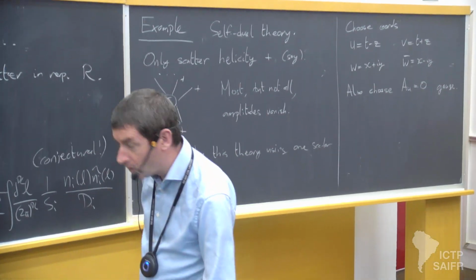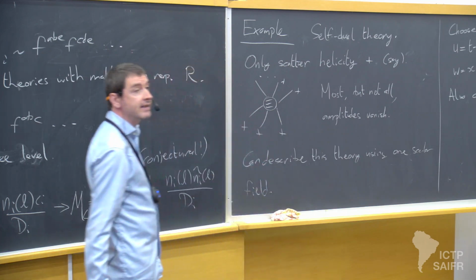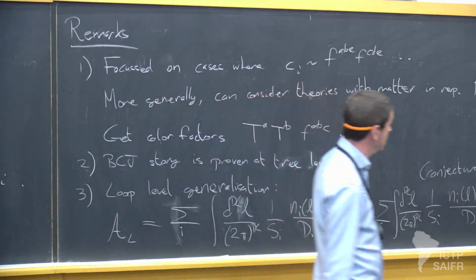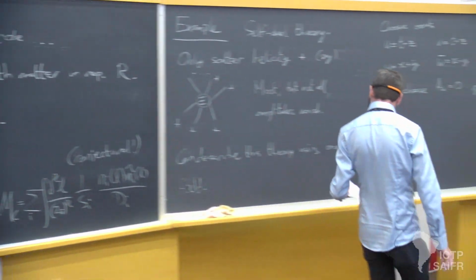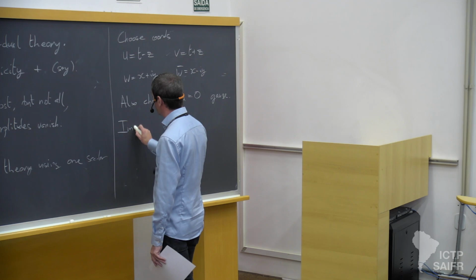Now, I want to constrain the dynamics of this theory so that there's only one kind of helicity propagating, one kind of helicity external state. To do that, I will impose the self-dual equations.